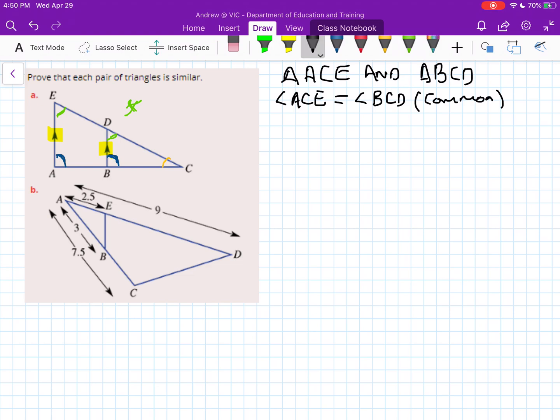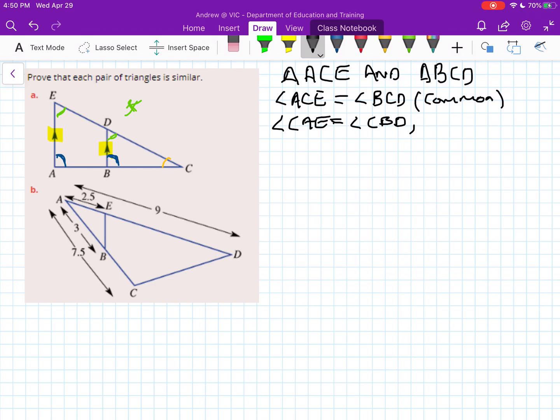So we're just going to write that out here. So we've got angle CAE is going to equal angle CBD. Make sure you get it right.